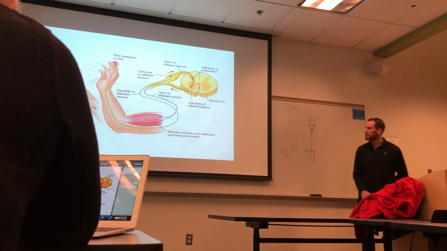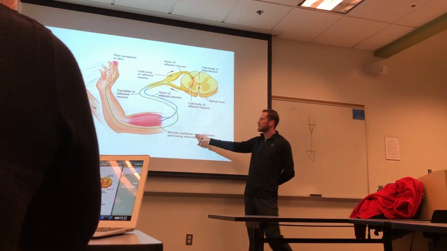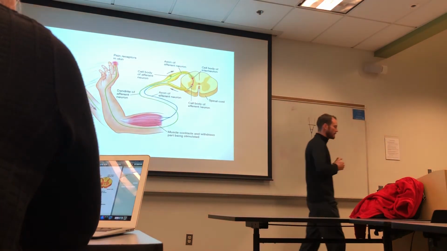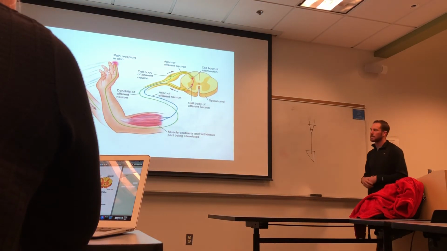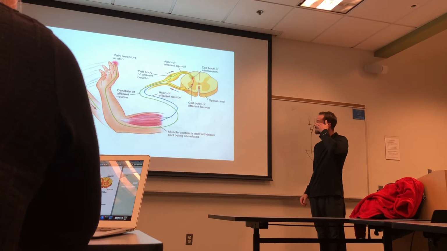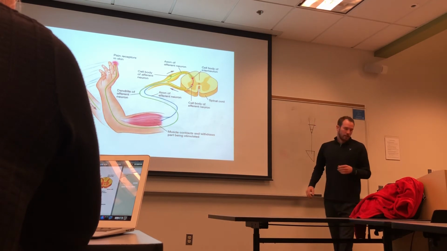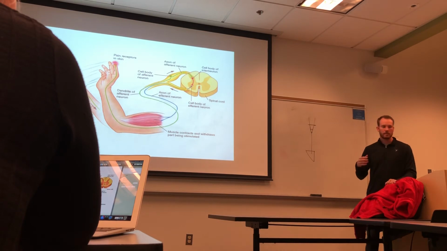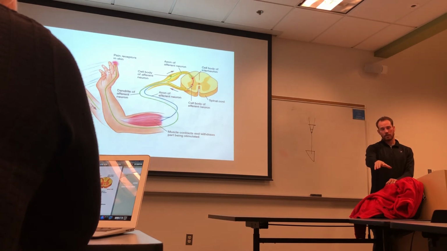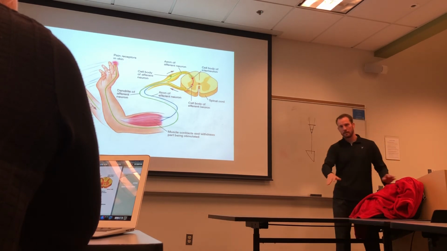This withdrawal reflex, one of my A&P professors in undergrad gave an example of this, and I think it's a good illustration. He had a little toaster oven, and he was making a bagel or something like that, toasting it. He reached in to get it out, and he touched the hot surface.